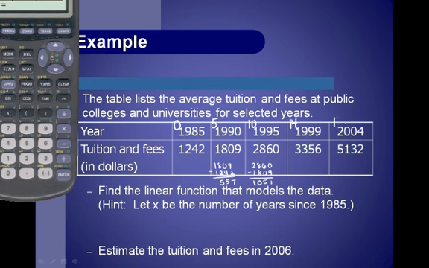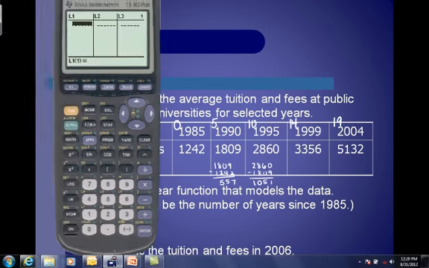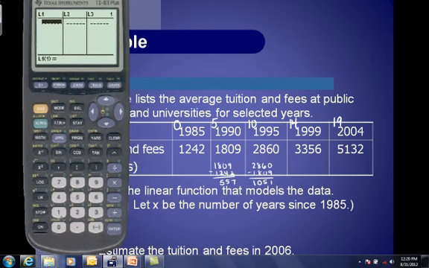And 2004 is 19 years after 1985. So when we enter this in our calculator, we're going to go 0, 5, 10, 14, and 19. Then we're going to do the same for our y values.